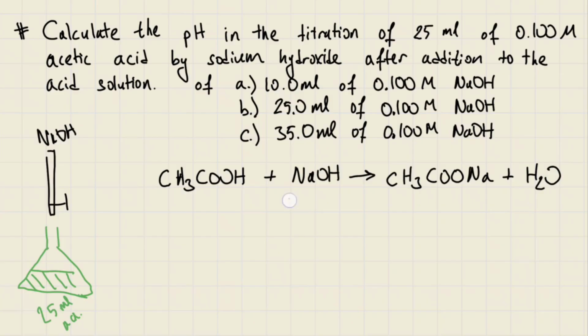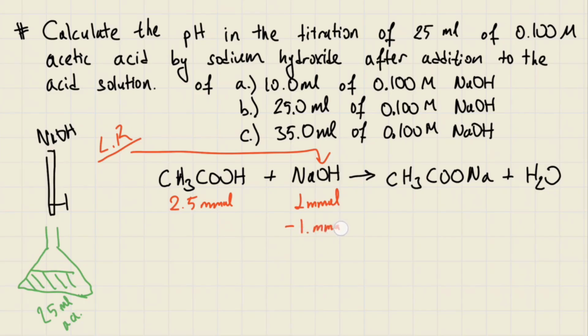For sodium hydroxide, it is 10 milliliters times 0.1, which will be equal to 1 millimole. And acetic acid will be 25 milliliters times 0.1 molar, which is 2.5 millimoles. So definitely sodium hydroxide is our limiting reagent, and we will deplete it.